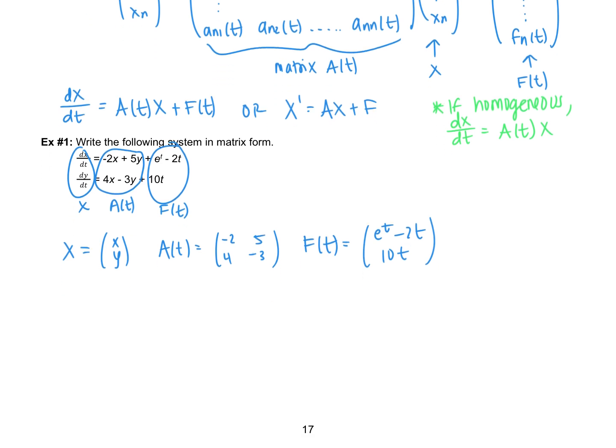So our system then can be written as dX/dt. Now it's a little hard from my writing, but this X is capital, so the capital X denotes that it's a matrix. So we get dX/dt is equal to the matrix -2, 5, 4, -3 times our matrix X, plus that F of t. And then we're always going to clarify what that matrix X is.